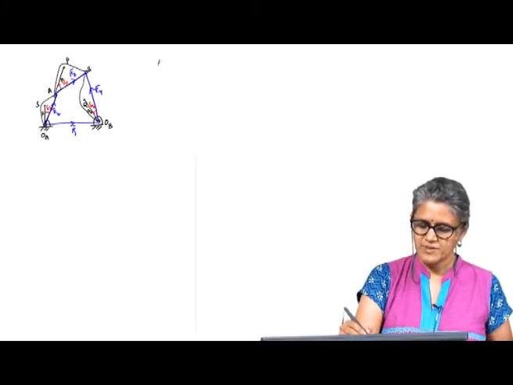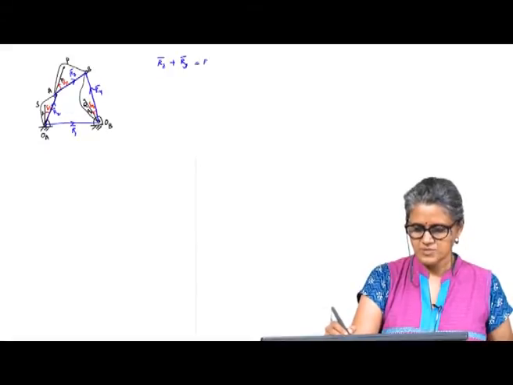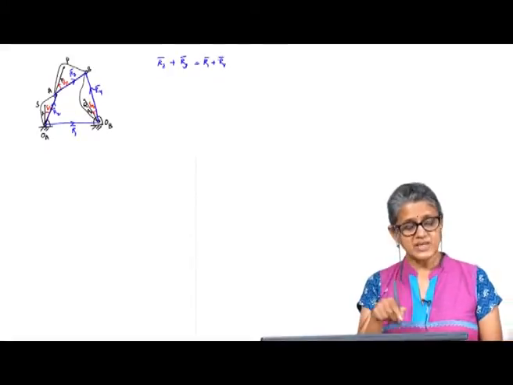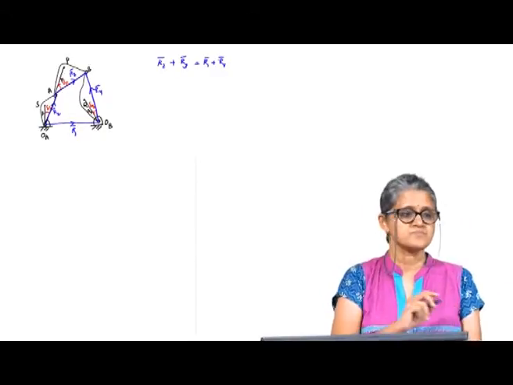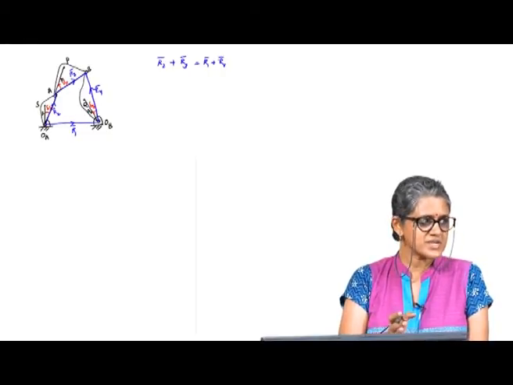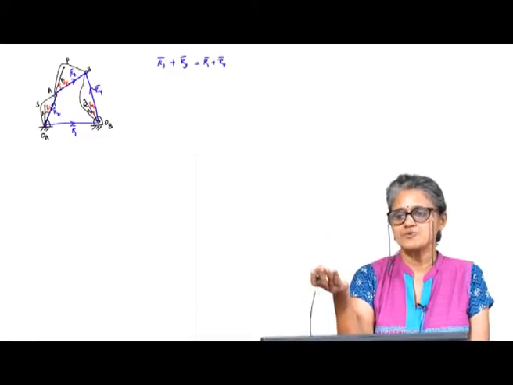So, I have R2 plus R3, that was my loop closure. So, once I have done the position analysis or the displacement analysis, for every configuration I know the relationship between theta 2 and theta 4.